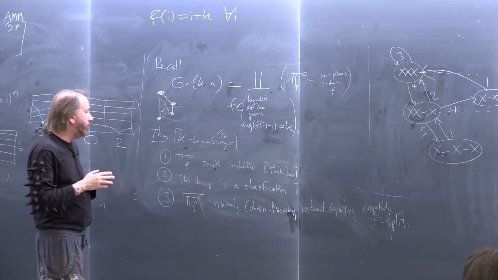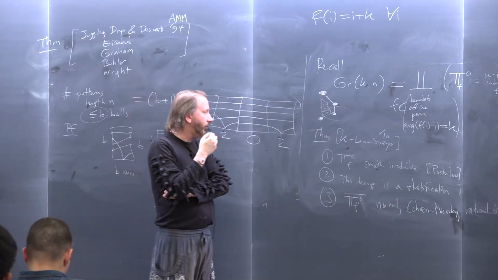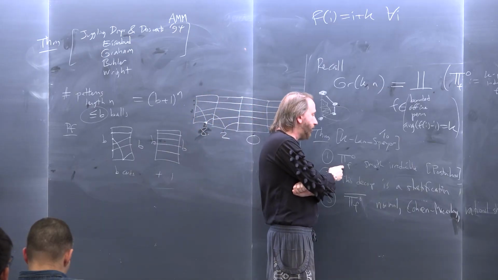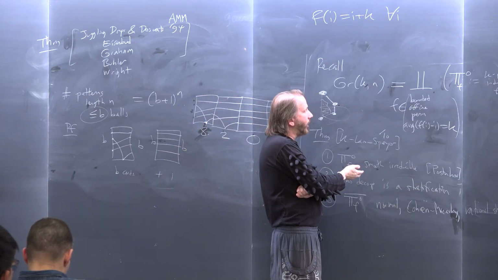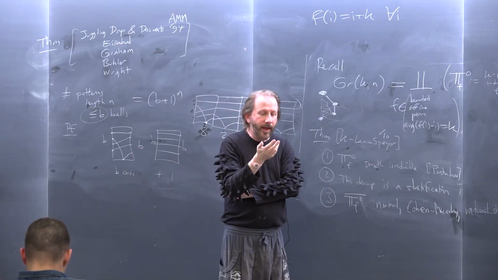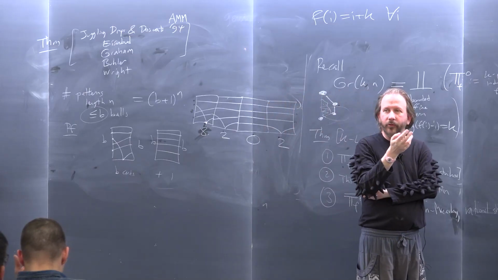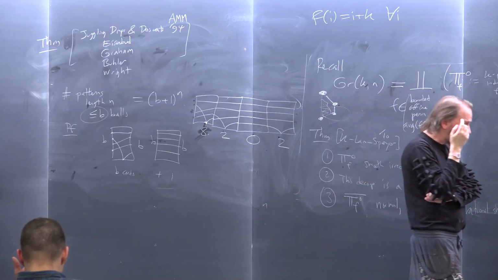Oh, to tie this to yesterday's lecture, one thing of immense interest is you take one of these guys, take the closure, and it's now defining a subvariety of the Grassmannian. What's the class of that subvariety? It's going to be some positive linear combination of Schubert classes. What are those coefficients?